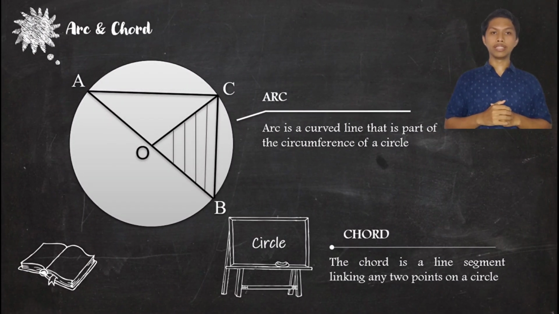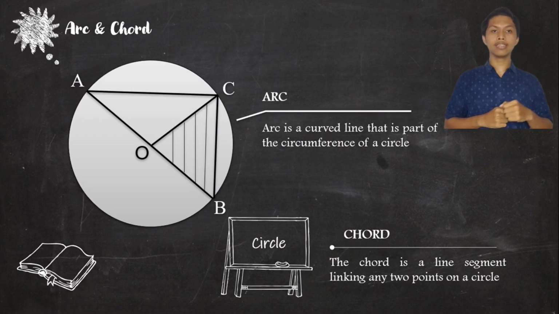Another part of the circle is the arc. Look at the AC, CB, and AB curves. This curve is called an arc. Based on them, we can define the arc as a curved line that is part of the circumference of a circle.